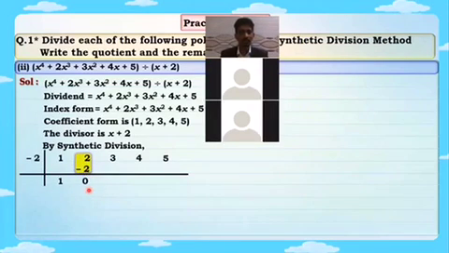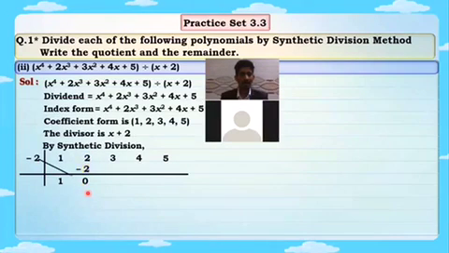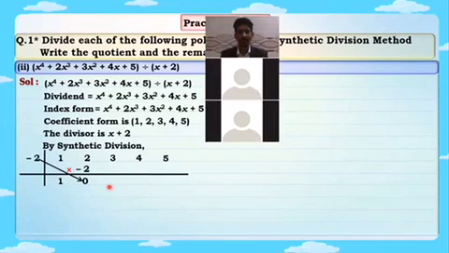Next again we are going to multiply this diagonally. -2 into 0, your answer is going to be 0 only. Anything multiply with 0, that is 0. The next 3 and 0, उन दोनों को add करेंगे. 3 plus 0, that is 3 only.